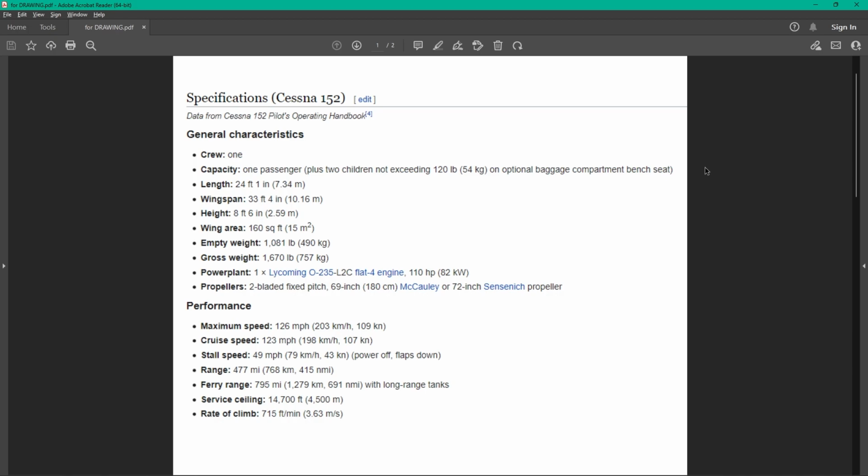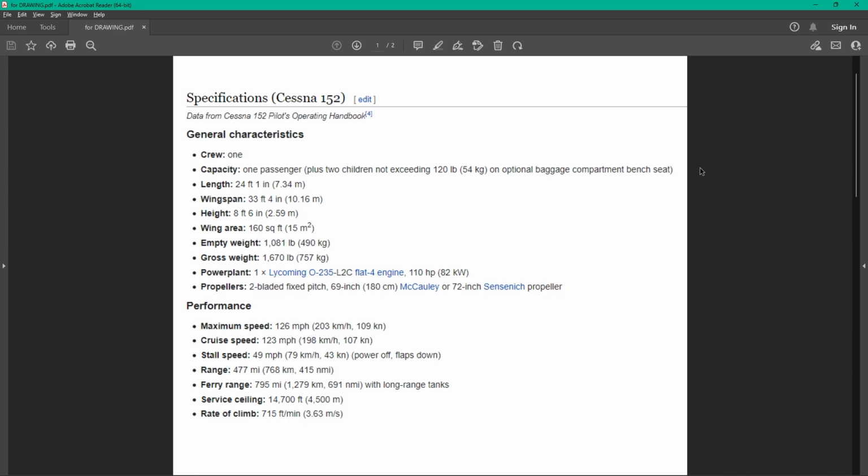The stall speed is 49 miles per hour or 79 kilometers per hour. Take note that in the stall speed it should be power off and flaps down. And the range is 477 miles or 768 kilometers, and the ferry range is 795 miles with long range tanks.